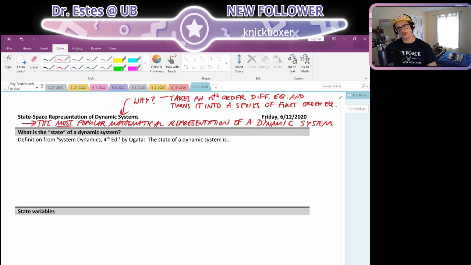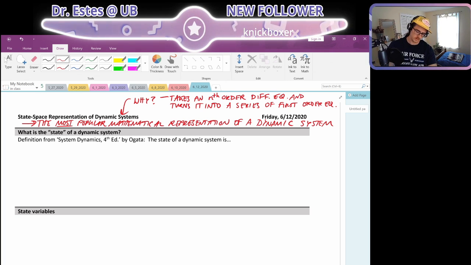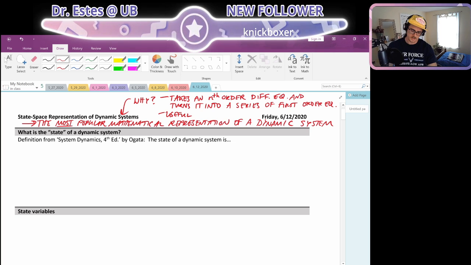And I'll list one other property for what makes state space so popular. We'll get to this at the very end of our lecture today, but state space is useful for numerical simulation.